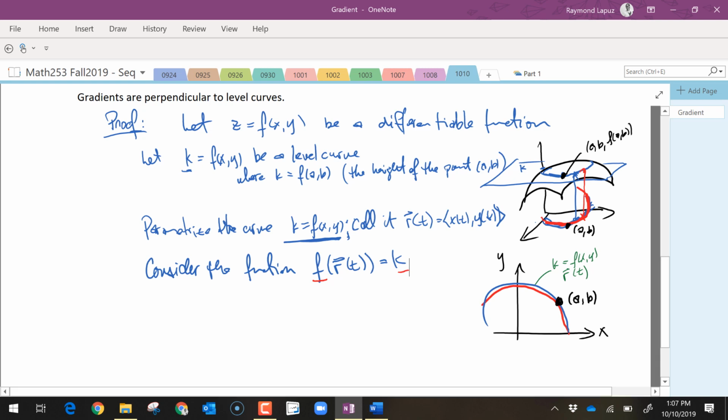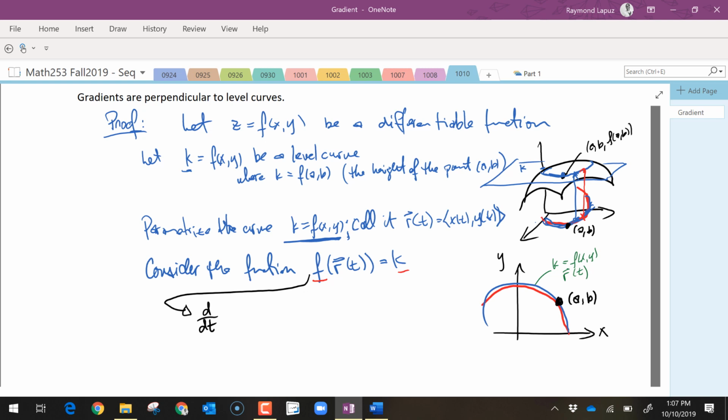This is in general. And so what I'm going to do now is take the derivative of this thing. Notice that the derivative I'm using is a straight d with respect to t, because this is really a function of one variable. But f is a function of two variables.